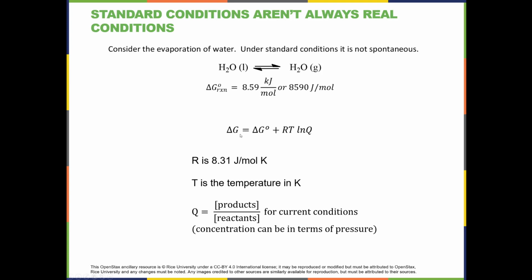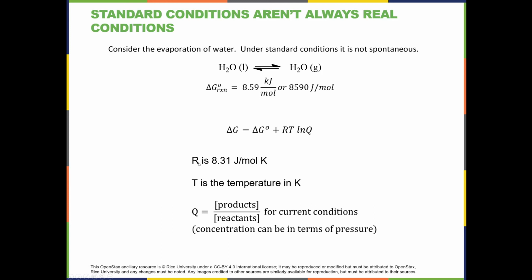We can actually calculate delta G for current conditions by using the standard delta G plus RT ln Q. And you've actually seen Q before. Q is products over reactants for current conditions. These can be concentrations in molarities, or they can be pressures in atmospheres.